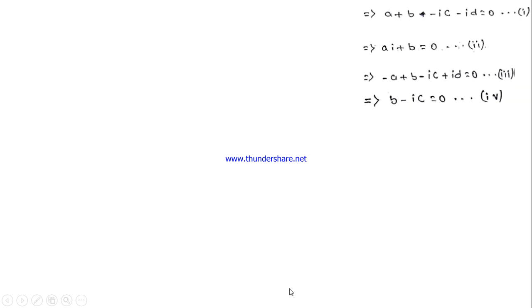So this is one equation, and this fourth equation is obtained from equations 1 and 3. If you observe equation 2 and equation 4 carefully, these two are made up of three unknowns a, b and c. So we will write these two equations in standard form: ia plus b plus 0c equal to 0, and here a is missing, so I will write it as 0a plus b minus ic equal to 0.